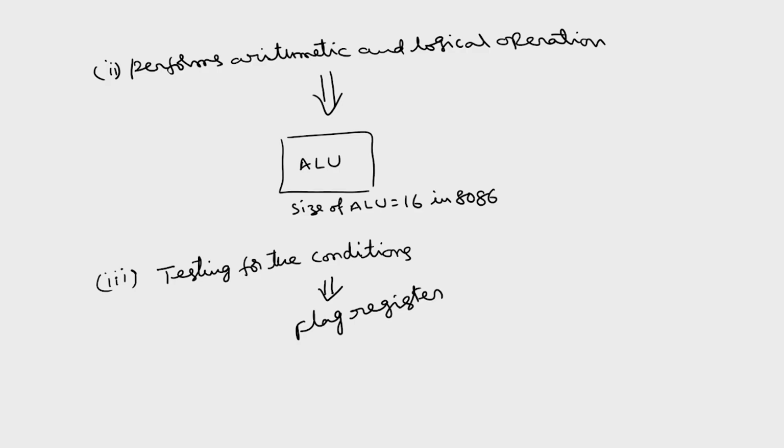In the 8086, the flag register length is 16 bits. Even though the length of this flag register is 16 bits, there are only 9 different flags. I will discuss those flags, and the condition for each flag to be set or reset, in the next class.